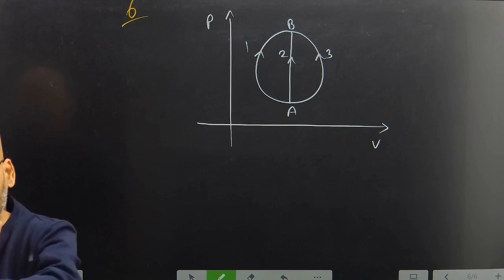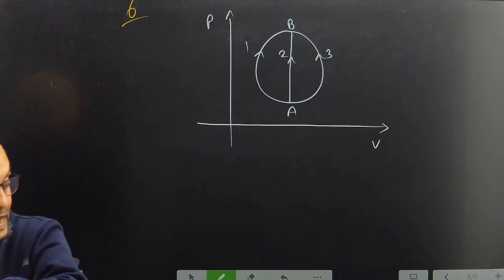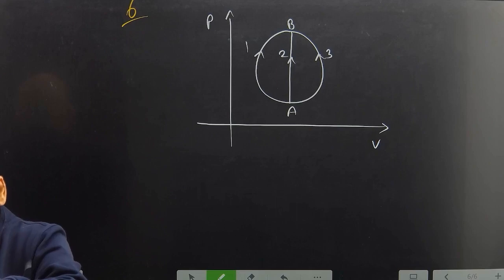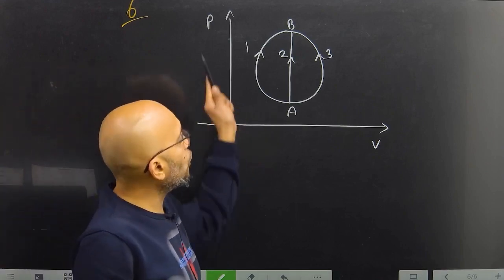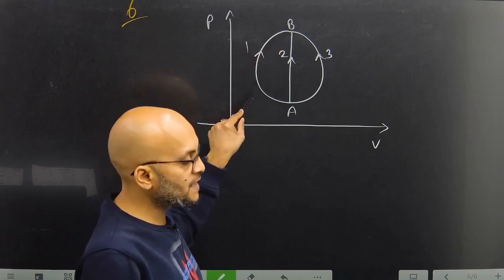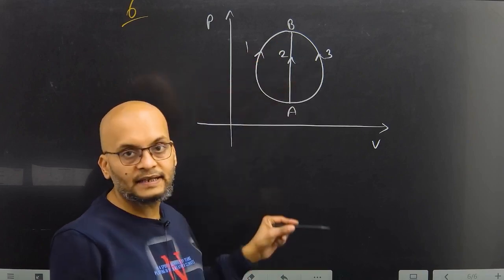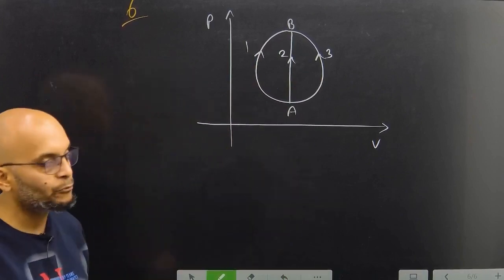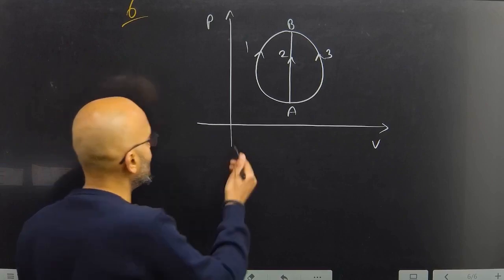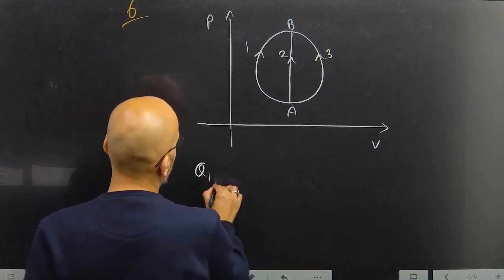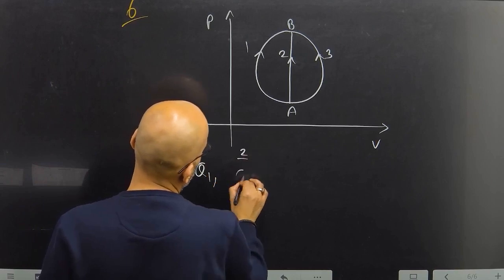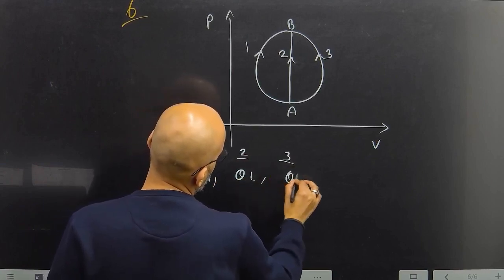It is saying that a gas is going from A to B through 3 different processes, process 1, 2 and 3 as shown. The heat supplied to the gas is Q1, Q2 and Q3. Getting my point? For 1 it is Q1, for 2 it is Q2 and for 3 it is Q3. Fine.